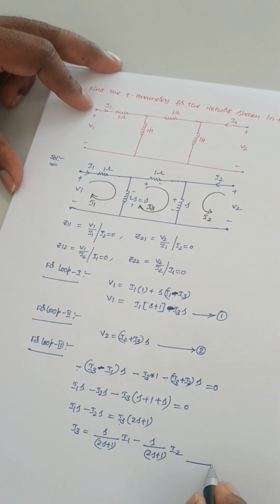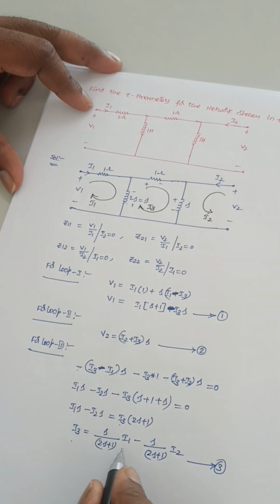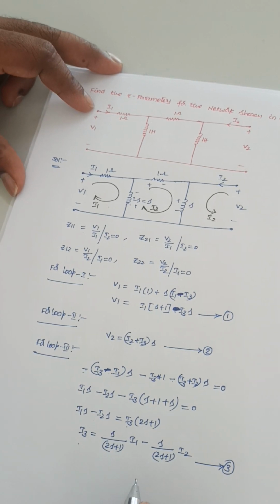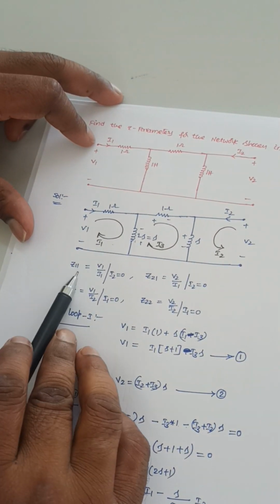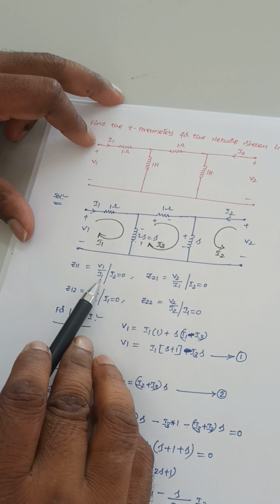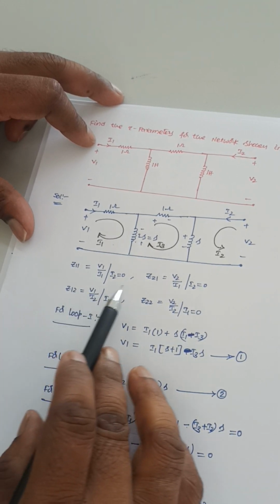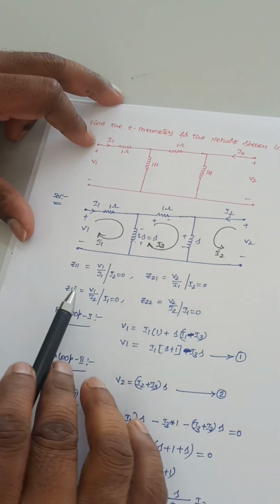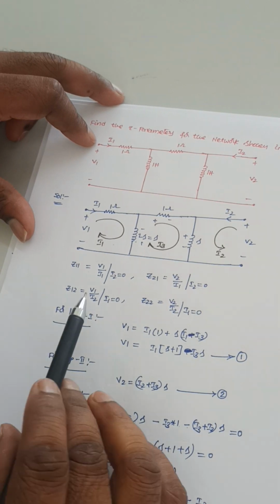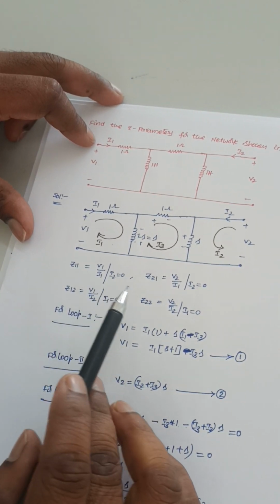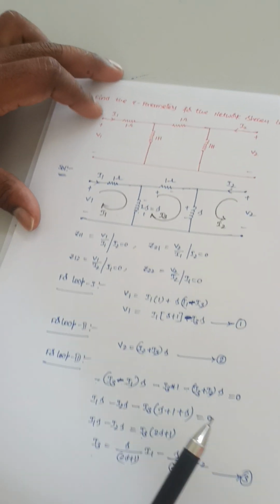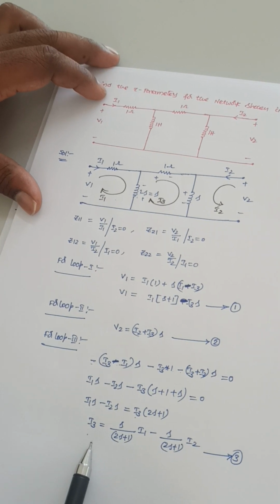The reason I am writing I3 in terms of I1 and I2 is to find Z11, which is in terms of V1 and I1. To find the Z parameters, these equations should be in terms of V1, I1, V2 and I2, but should not be in terms of I3.